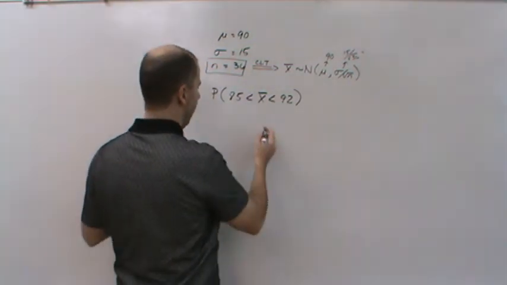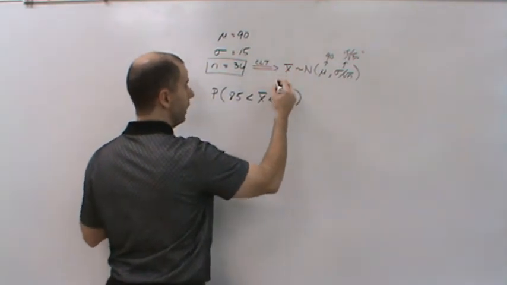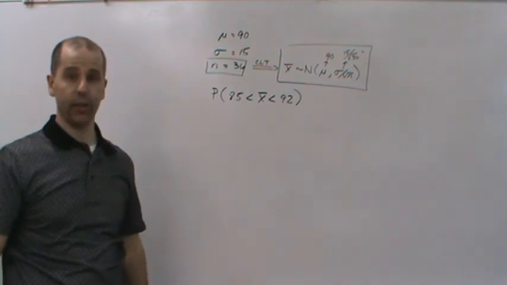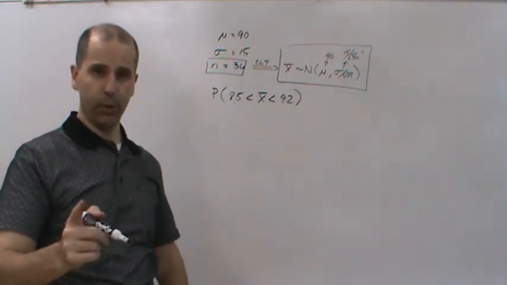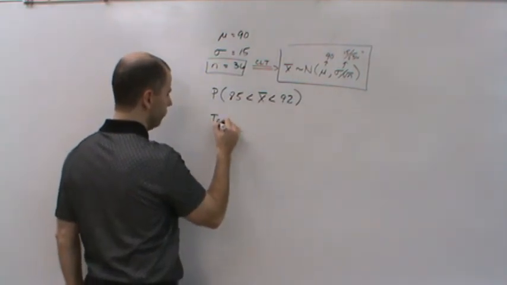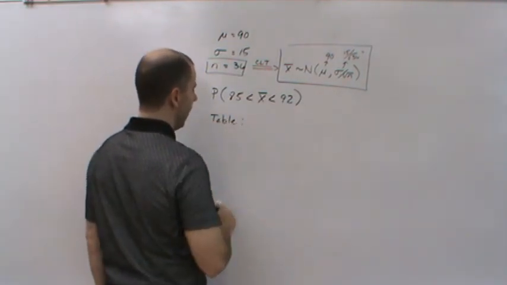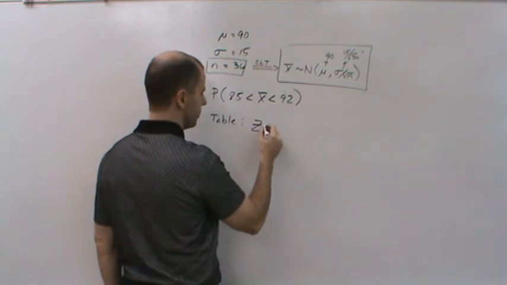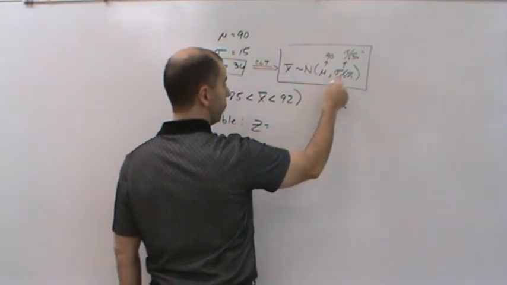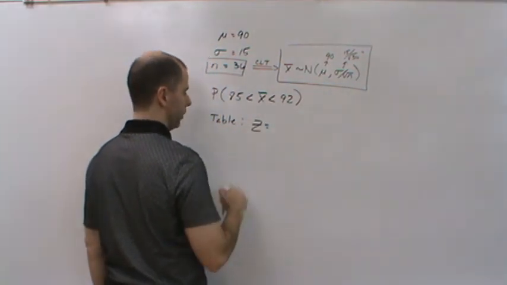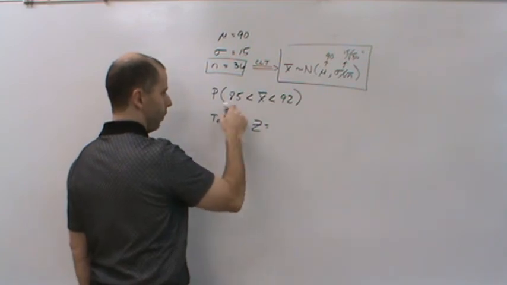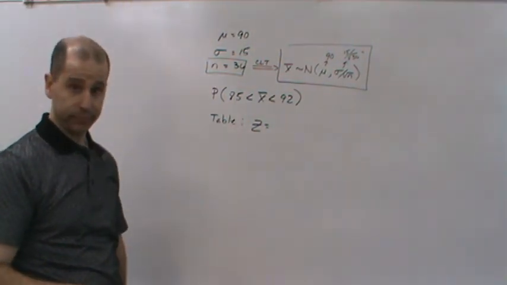Okay? So now, how do I do this? Now that I know it's normal, this is what I'm going to use in my calculator, or I can use the table. So again, let's do it both ways. If I use the table, I have to first transform it into a z-score. Well, I know mu and I know my standard deviation. So it's going to be x bar, right? And so I have to find both of these z-scores, right?